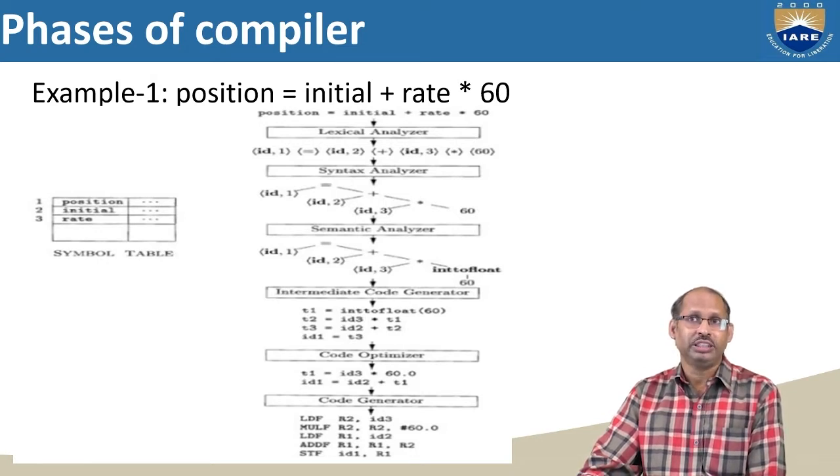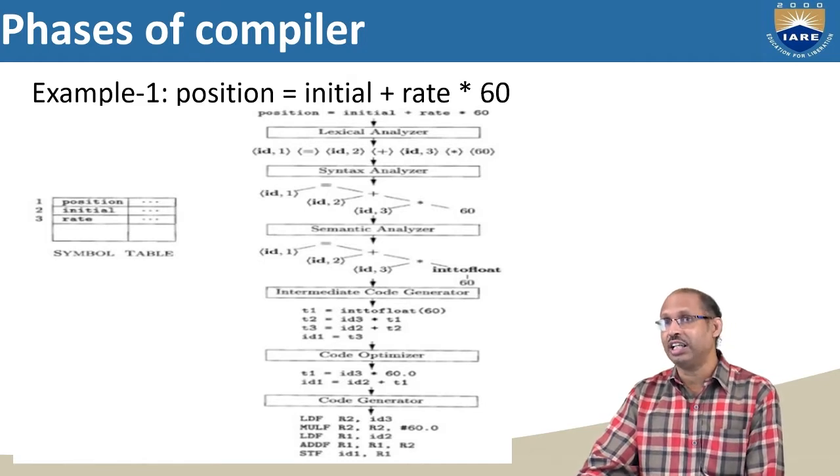Position, initial and rate are float type and 60 is integer type. This is a single statement in a high level language program, and we'll see one by one how each phase converts it. The first phase is the lexical analyzer.